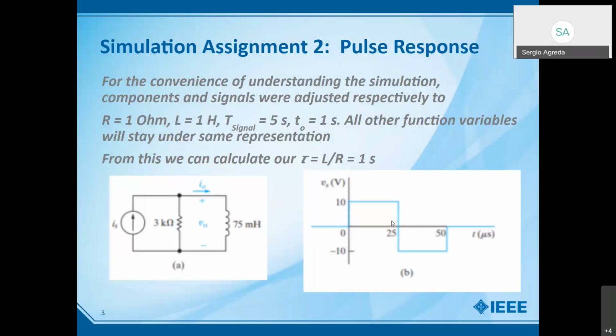All our variables that are already labeled stay the same as the representation shows. We can already calculate our tau, or time constant, of L over R. It's going to be equal to 1 second, because 1 over 1 is equal to 1. Hopefully you already know this, and I don't need to go into further explanation of why.